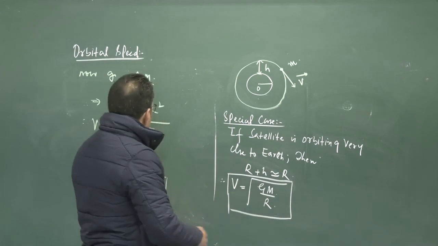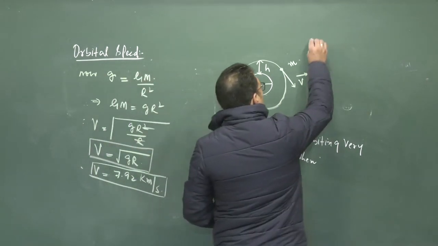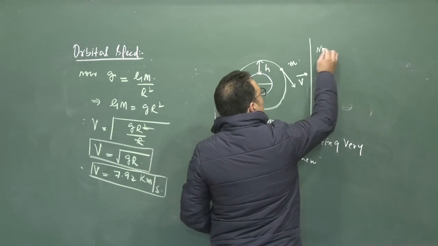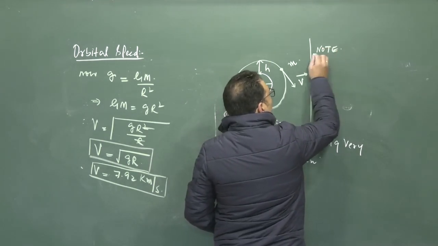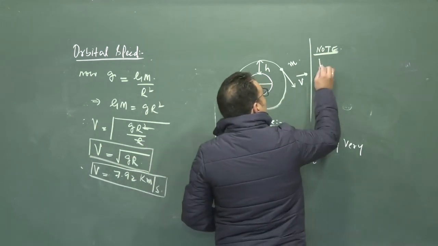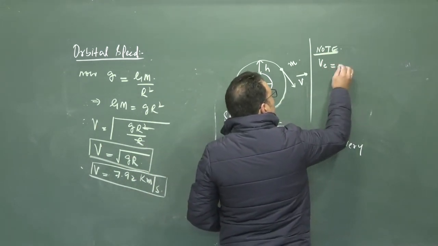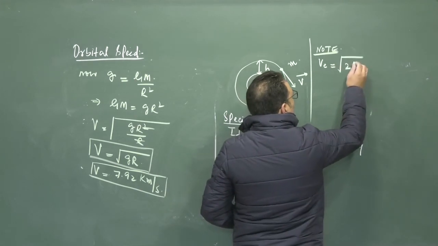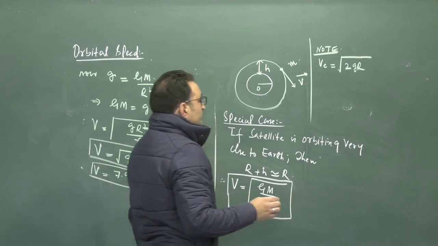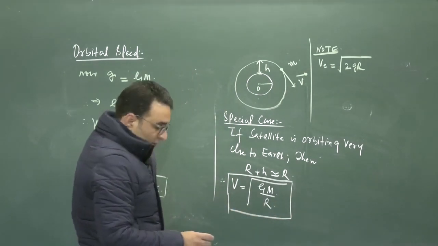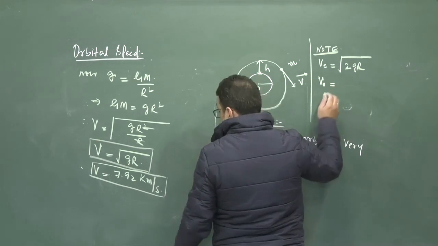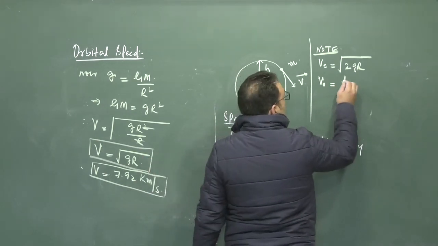Now, one more important point. We have the escape speed, under root of twice gR, and we have the orbital speed, let me write, this is under root of gR.